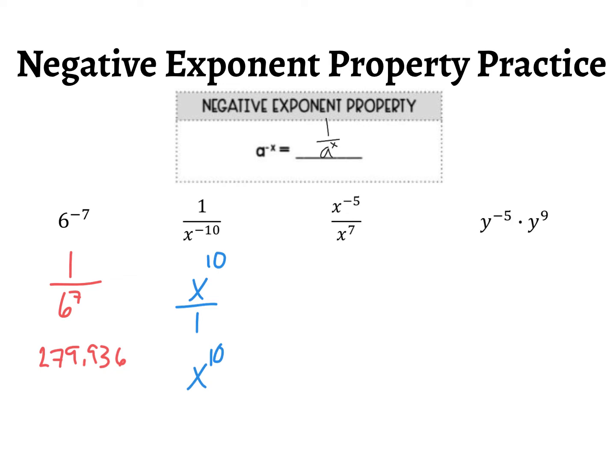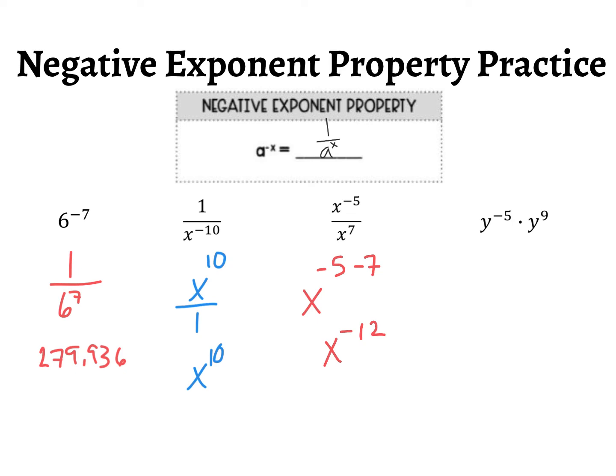Let's try this next scenario. Now we're actually dividing. Remember, the quotient rule says you subtract the exponents. So what's negative 5 minus 7? All right, what we're dealing with here is x to the negative 5 minus 7. We're subtracting the exponents, which turns into x to the negative 12.